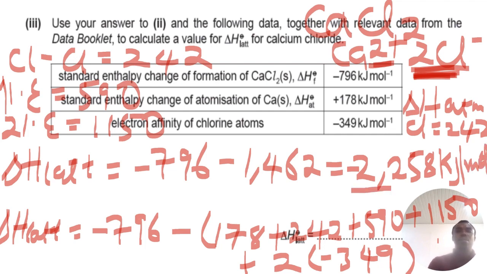So that is it, minus 2,258 kilojoule per mole. So you can see that is the lattice energy.